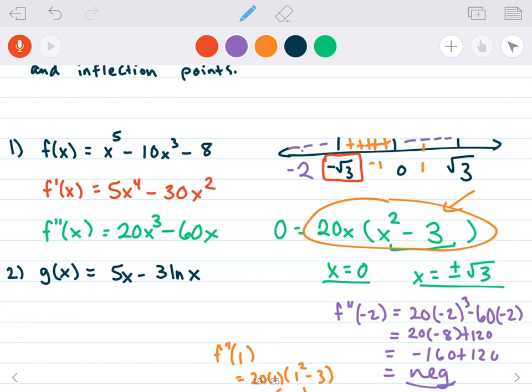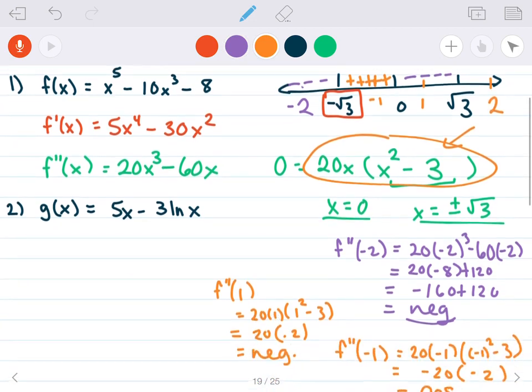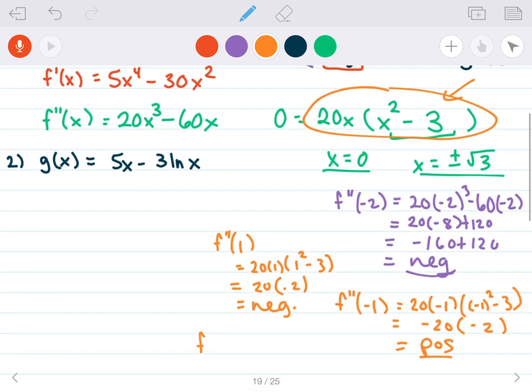And finally, we want something greater than root 3. How about root 4, which is the same thing as the number 2? If we plug 2 into our second derivative, we're going to get 20 times 2 squared minus 3. And it looks like this is going to be positive.